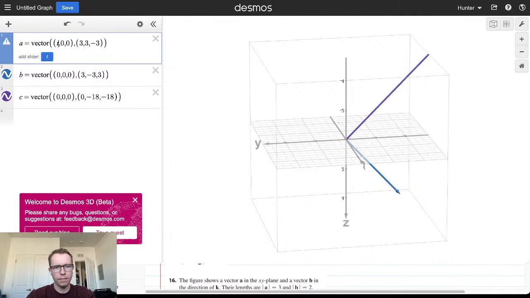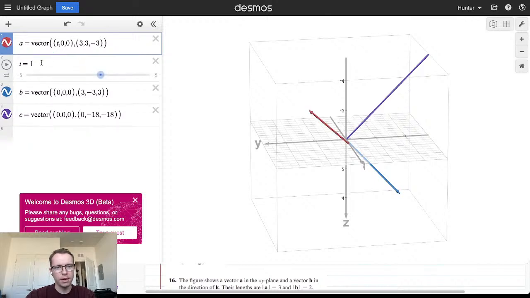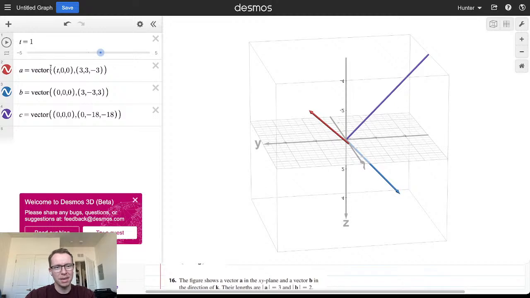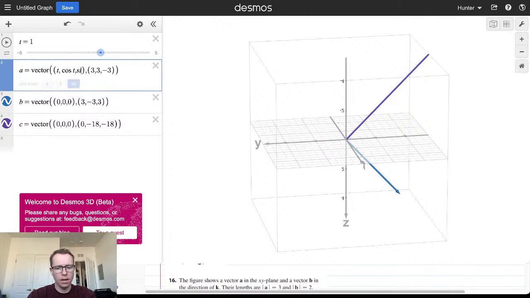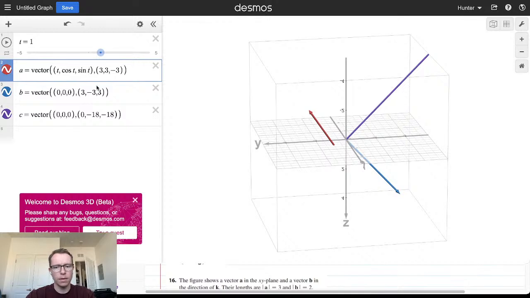So A has t. Well, I need to add a slider for t. We'll just keep t to 1 for now. And then cosine t, and then sine t. Okay. And then, oh, wait.